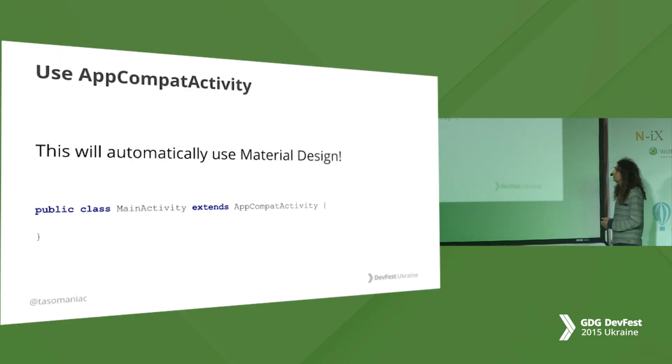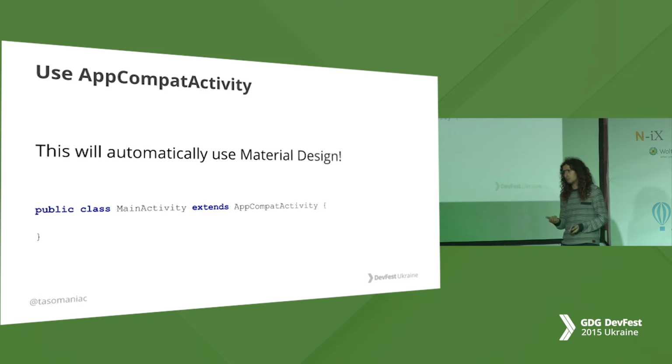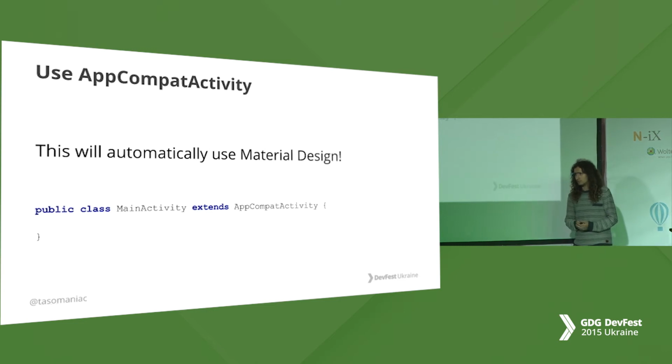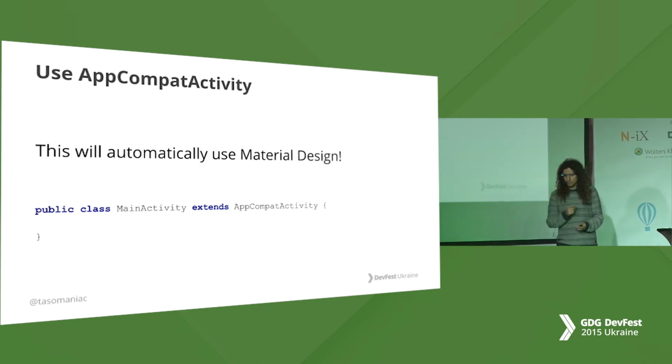Otherwise, it will crash. So when you do this really simple step, your application will be materialized mostly even on the lower API level devices up to SDK level 7.